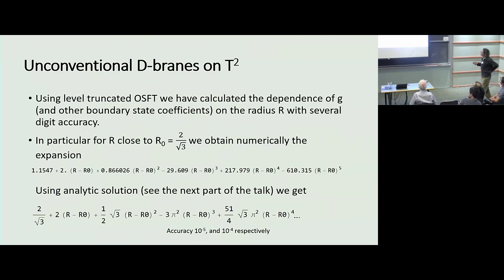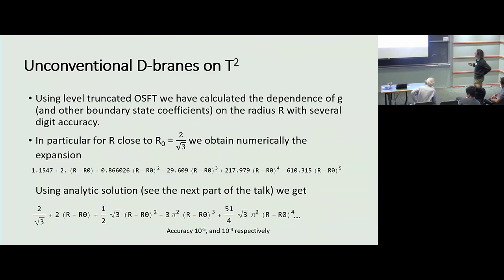So we can use this level-truncated numerical open string field theory to calculate the G function dependence on the radius with several digit accuracy, and this is a numerical fit to our raw data. R0 is this critical radius.